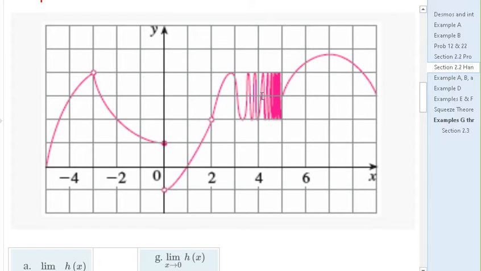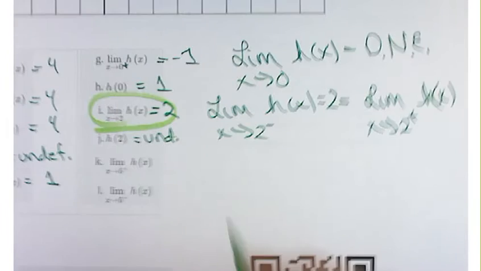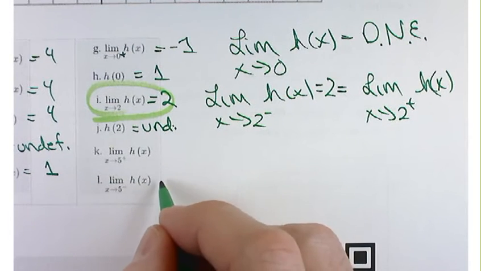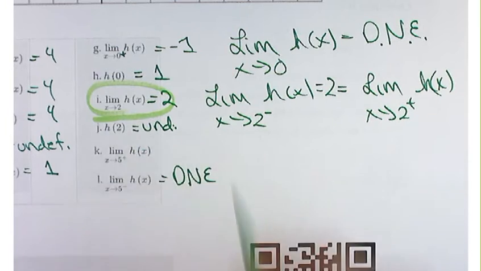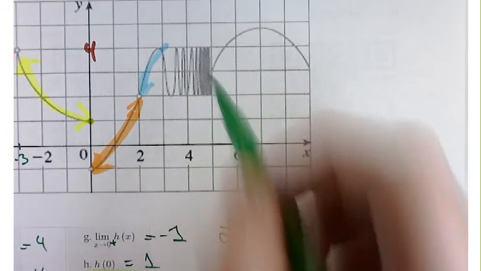So the limit from the left of h of x doesn't exist because it's just going up and down too quickly. So that one would be a DNE. But how about the limit from the right? Would you say, so the limit from the left does not exist. But how about the limit from the right? Is that getting close to some value?